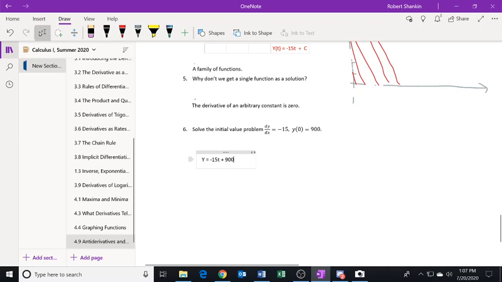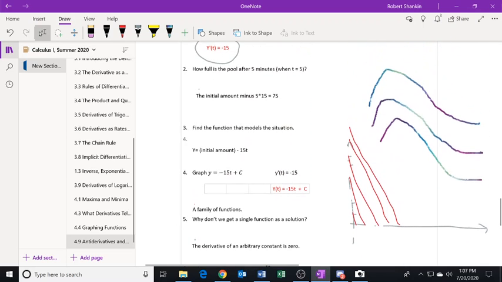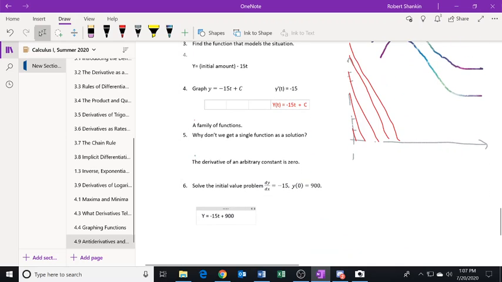And is that true of this function? Yes. And when you substitute 0 in for the t, you'll get 900. Yes. It meets all the conditions. And it's the same problem if the pool originally had 900 gallons of water in it. Then 1 minute later, 15 gallons is drained away, etc.